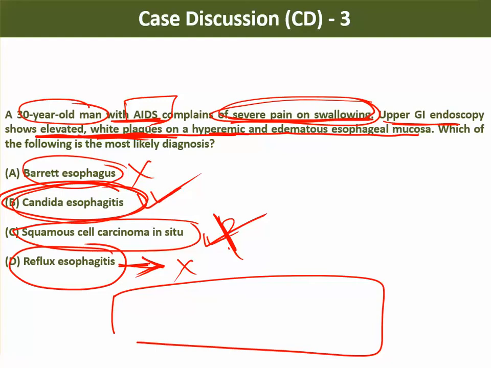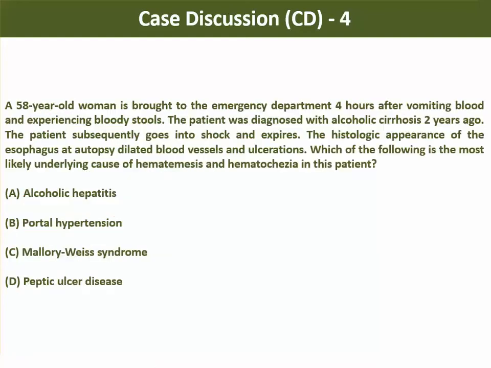Anyway, we are not troubling you that much. This is the right way of approach: you should be able to exclude, then conclude. If you conclude without examining things, you may make gross errors, maybe not now but in the future. So now coming to case discussion number 4.